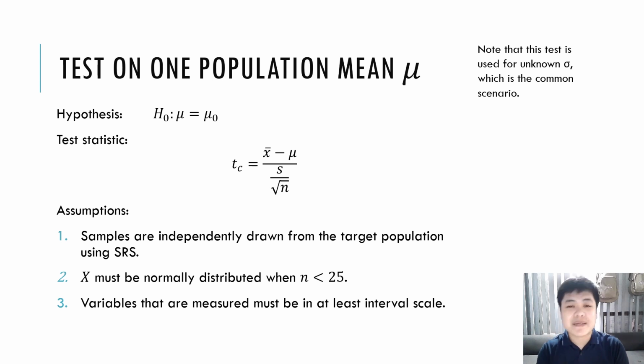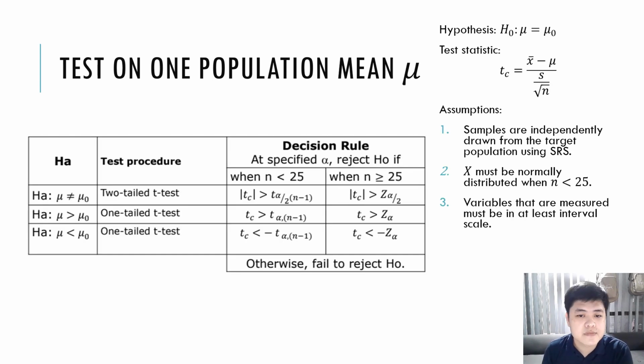Kung hindi man masatisfy ito, there will be some alternative tests to be used. But in this lecture and in our succeeding lectures, we will be assuming that these assumptions were satisfied. In research 2, in statistics 2, you will be dealing with those tests for the case where hindi na satisfy yung mga assumptions na to.